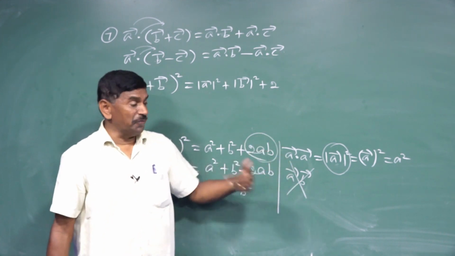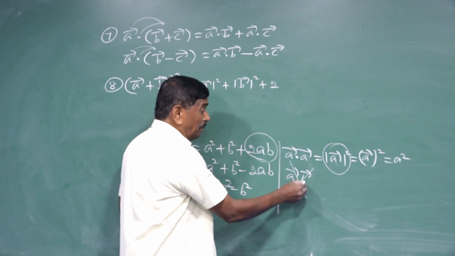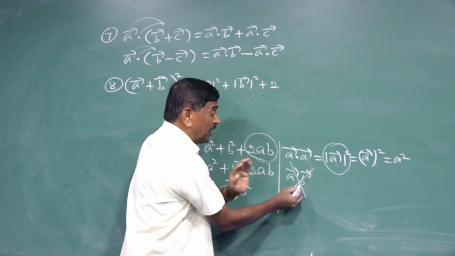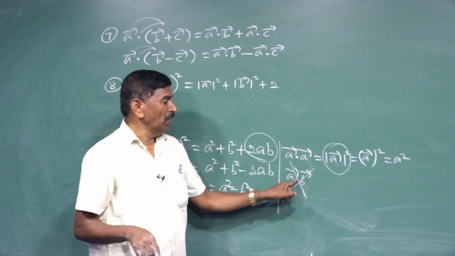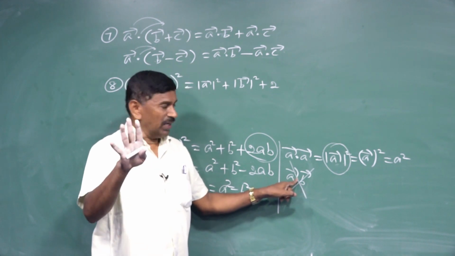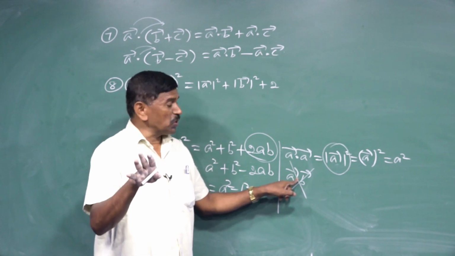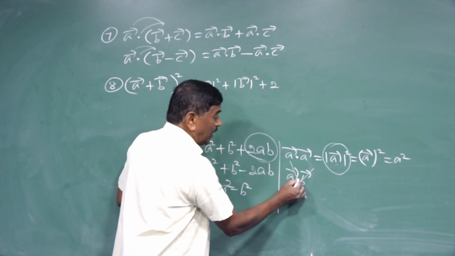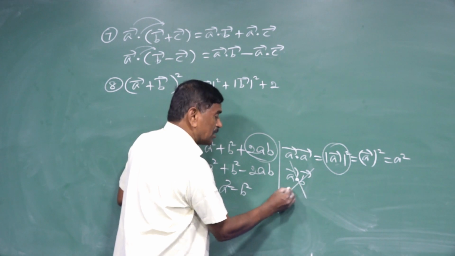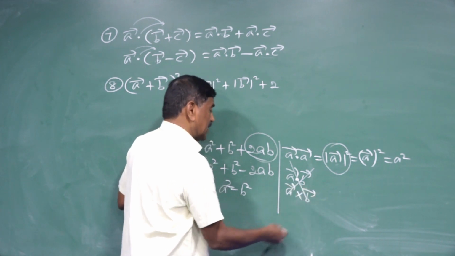When it becomes meaningful? Between A vector and B vector, any one operation is needed. Suppose middle plus, correct. Middle minus, correct. And middle sometimes product also, correct, either dot product or cross product, which is in the next exercise.